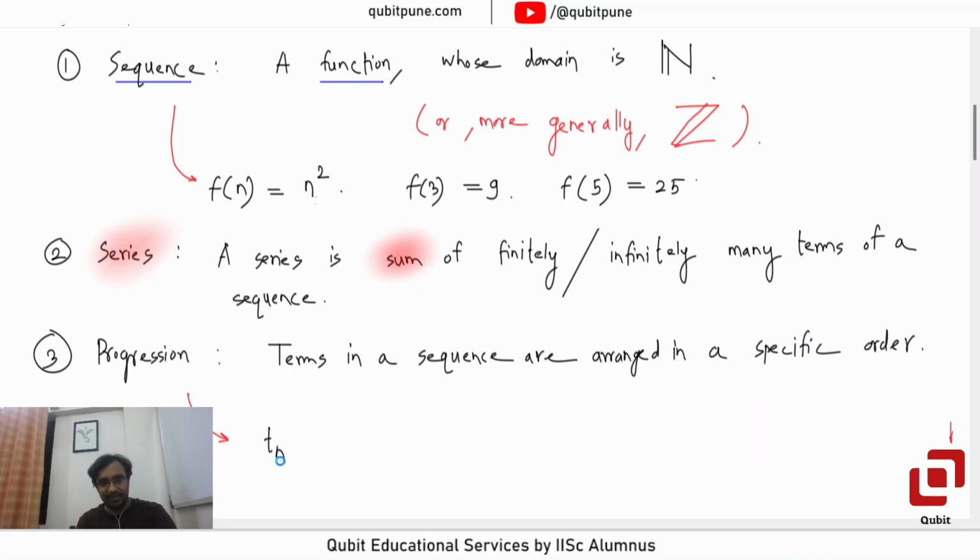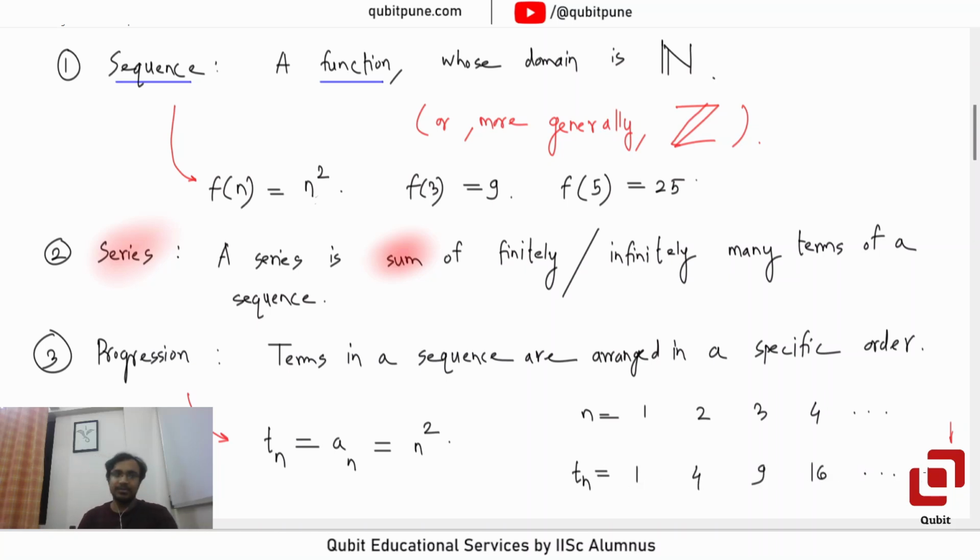When I say T subscript n, or in some books A subscript n, is n squared, then the whole sequence gets specified, and the corresponding progression also gets specified, right? So when n is 1, 2, 3, 4 and so on, Tn will be 1, 4, 9, 16 and so on.